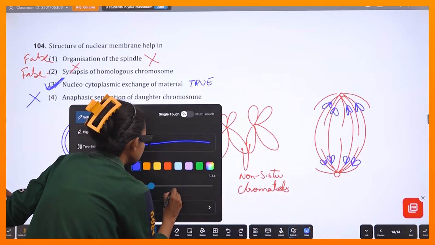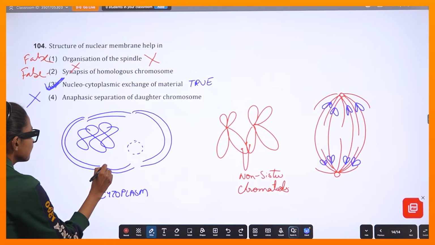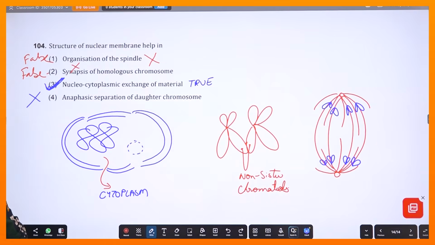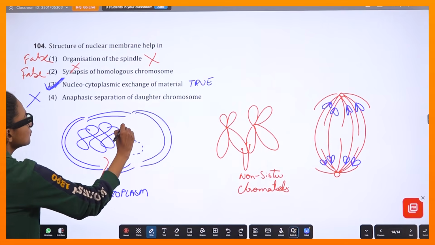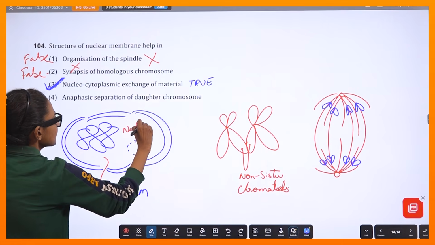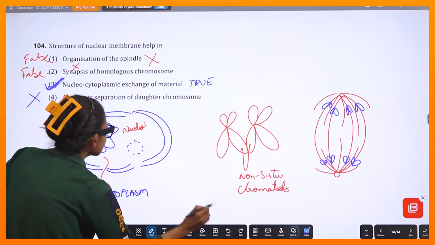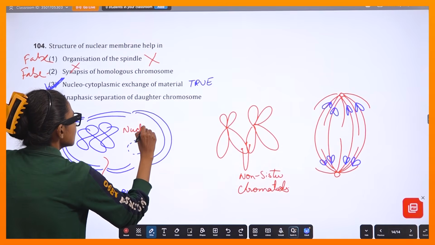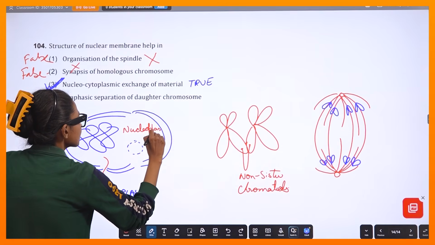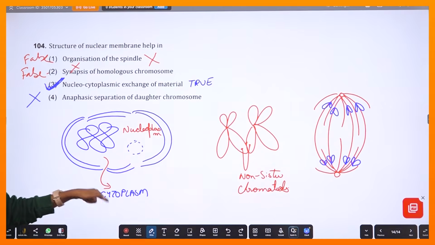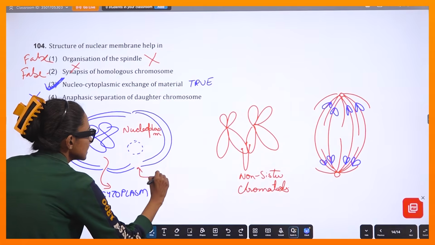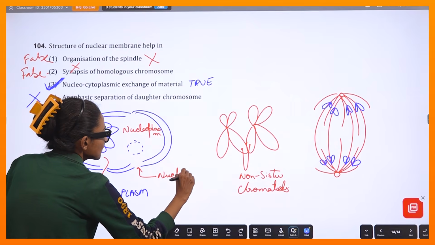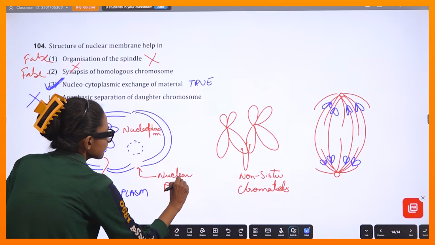So the materials from here will enter into the cytoplasm, correct? So material from the nucleoplasm can move out into the cytoplasm via this. This is called a nuclear pore, correct?